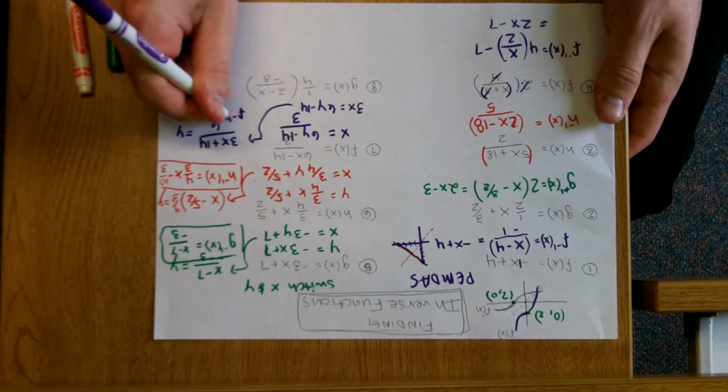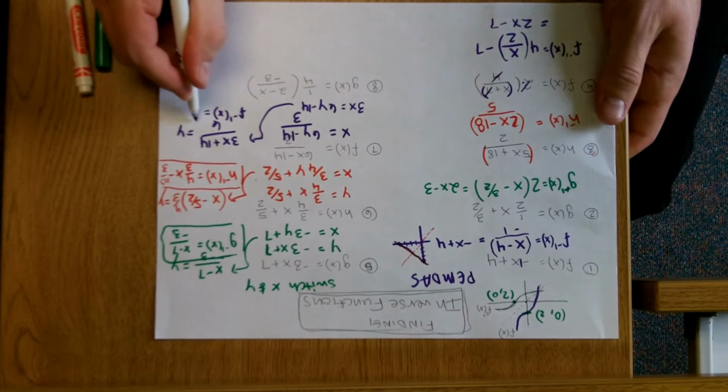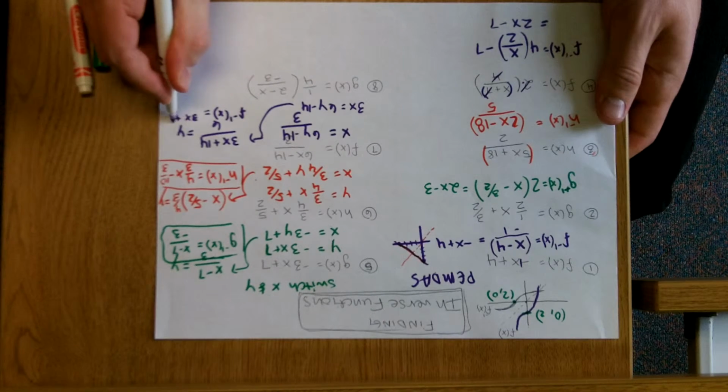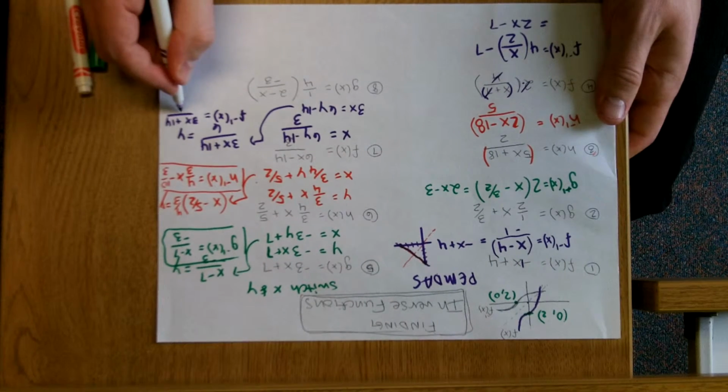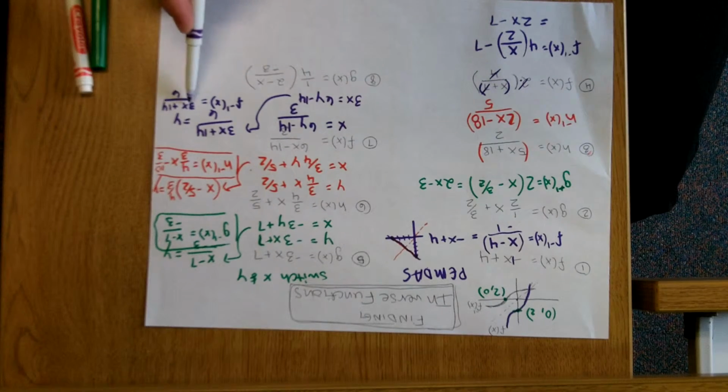So f inverse of x equals 3x plus 14 over 6. Again, if you want, you can break this down into two separate fractions and reduce then. So this would become 1/2 x plus 7 over 3 if you wanted to.